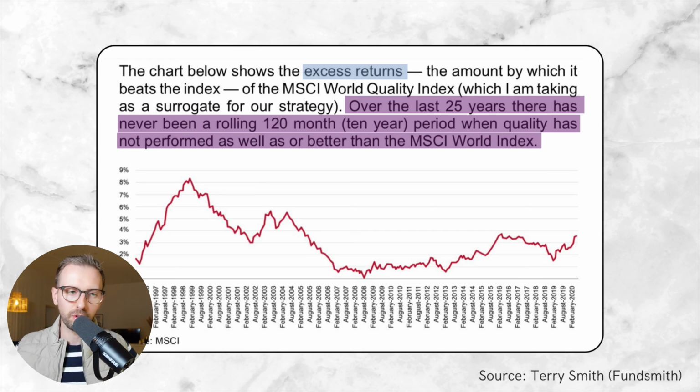All right, here's a chart that Terry Smith, the founder and CEO of Fundsmith, has revealed in one of his investing letters quite a while ago. It shows the excess return of the quality MSCI World Index compared to the regular MSCI World Index. And he wrote, over the last 25 years, there has never been a rolling 120 month, so that's 10 years, period when quality has not performed as well or better than the MSCI World Quality Index.